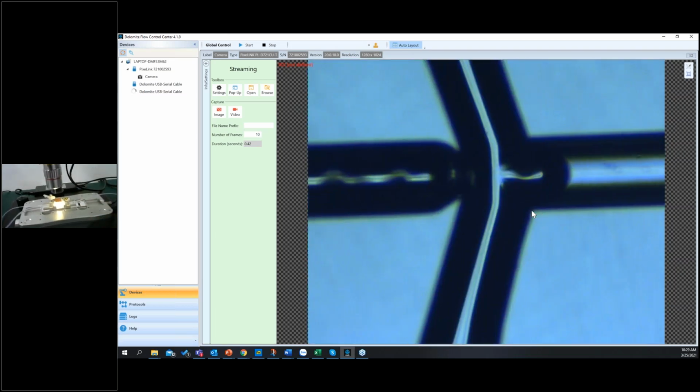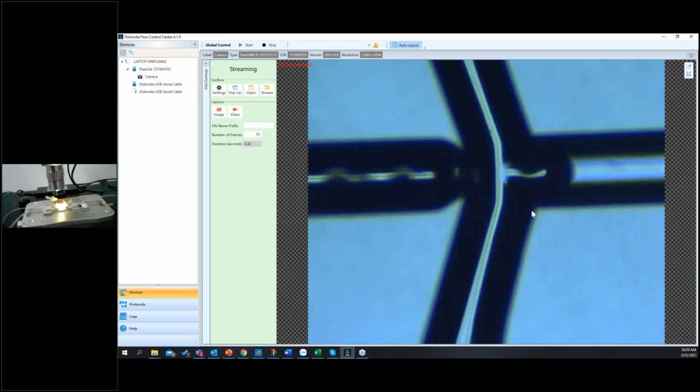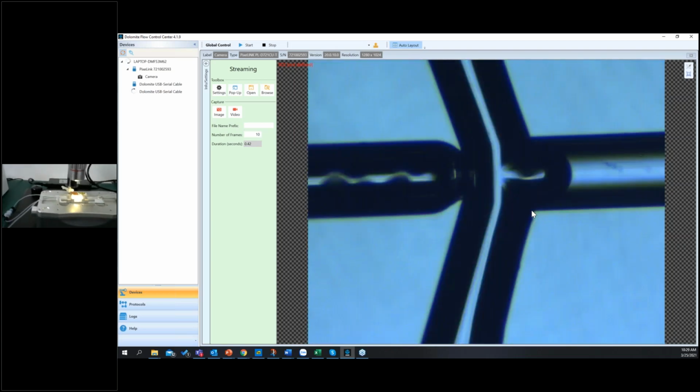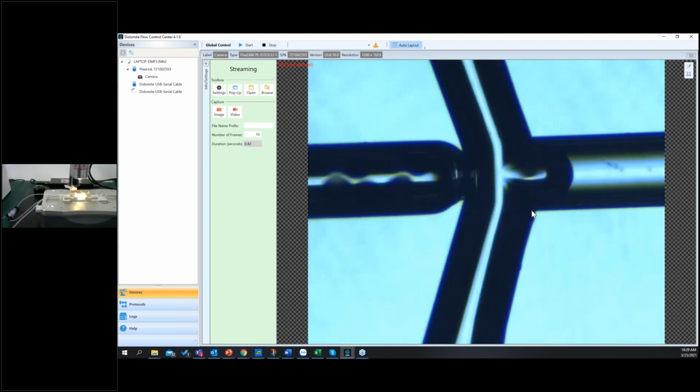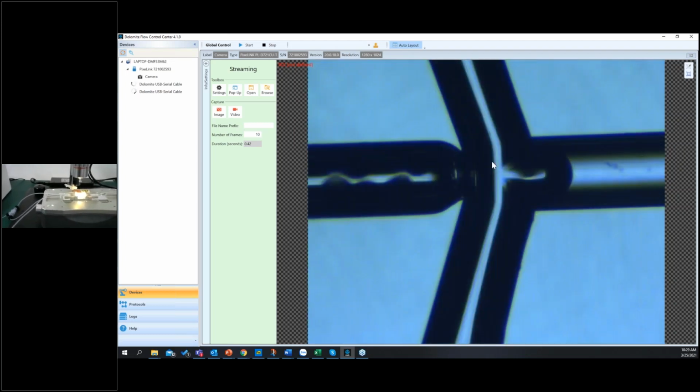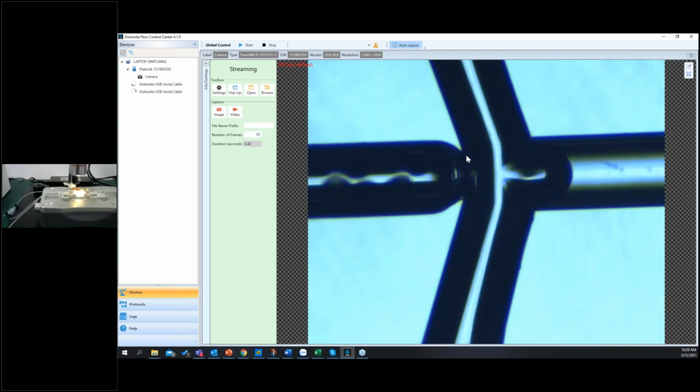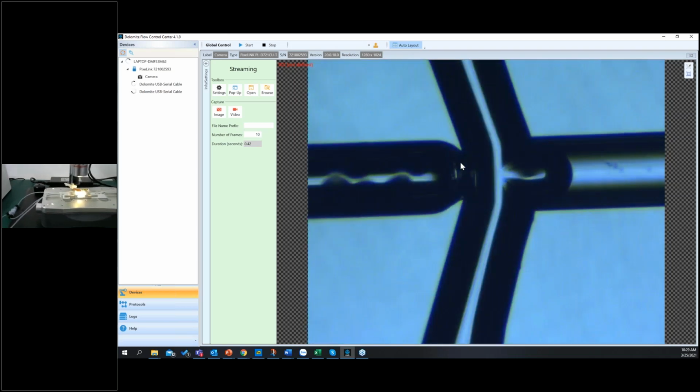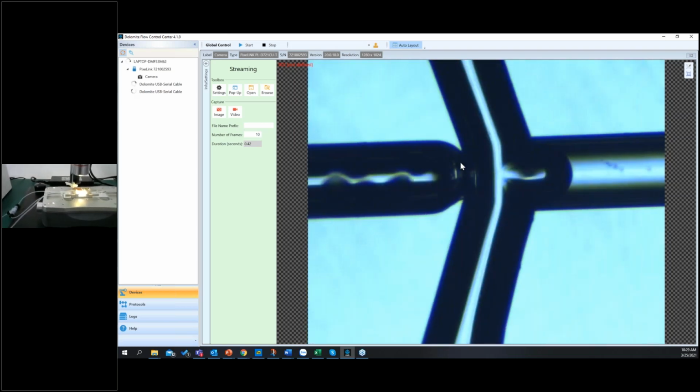It's better to see when I zoom in on the chip junction area. You can see here the chip junction was designed as a 3D pore structure, so it can prevent particle deposition on the walls of the microfluidic chip channels.